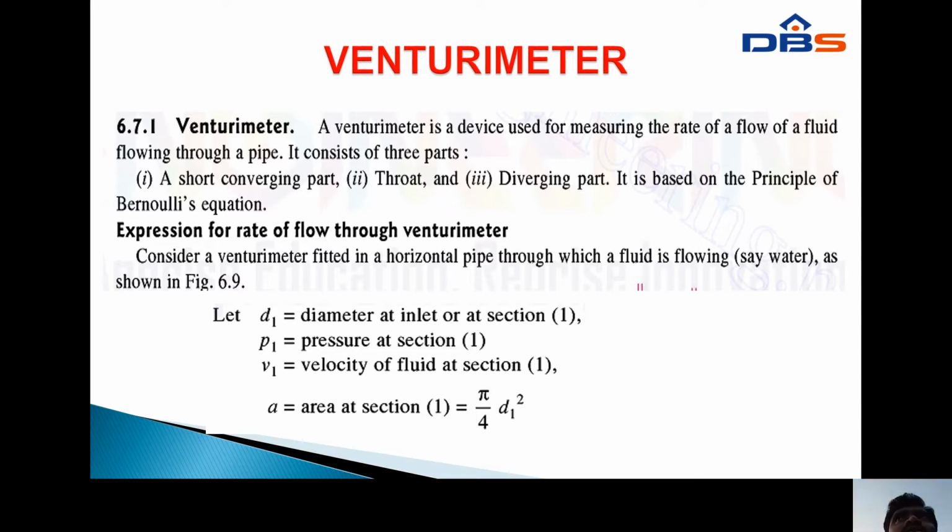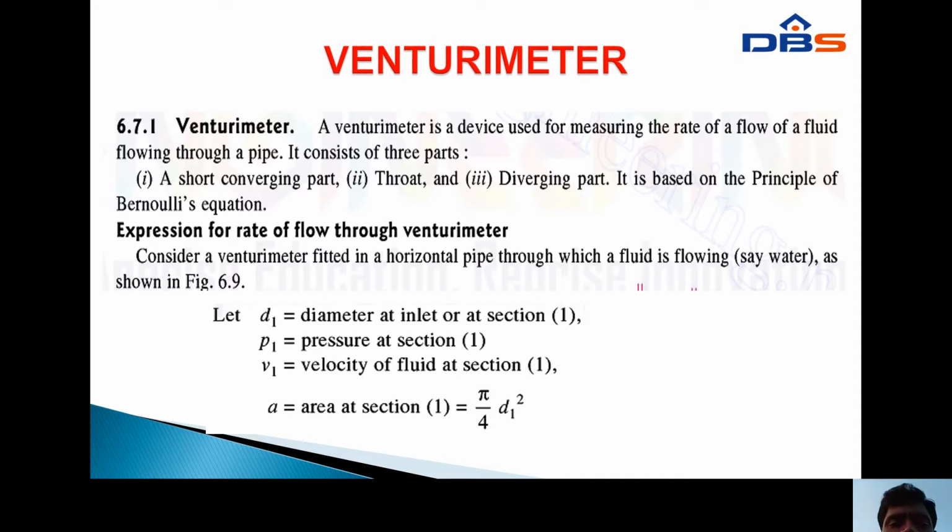That is Bernoulli's equation. P by rho g is the pressure head, v square by 2g is the kinetic head, and z is the datum head. This equation is used in the Venturi meter derivation.